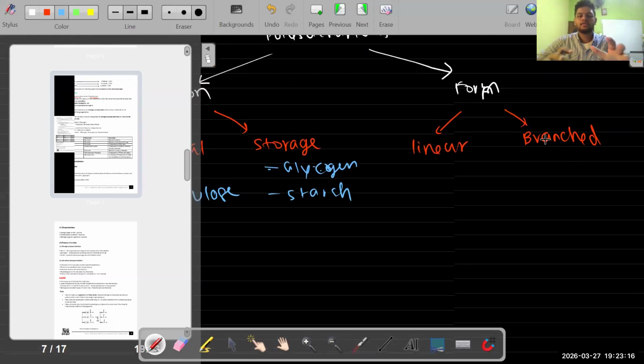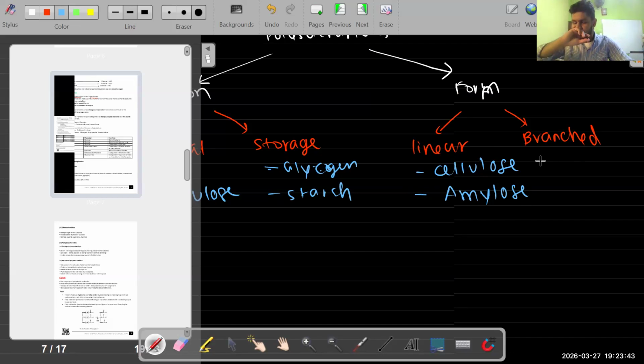We'll be seeing those in detail later. Just for the sake of introduction, I'll name them. Form: polysaccharides can be linear or branched. If you take cellulose, it is considered to be a linear one. Whereas there is another one called amylose.